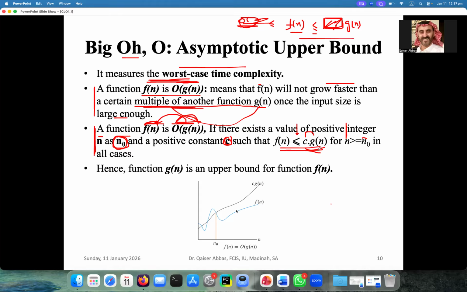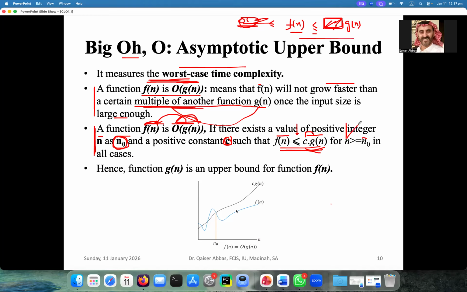I put these in this equation, and then the value of f of n will always be less than or equal to c g of n for all positive integers.